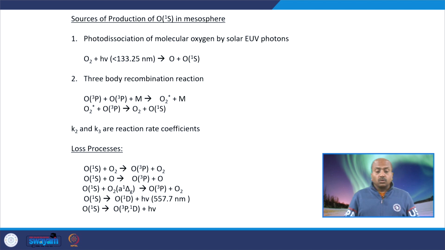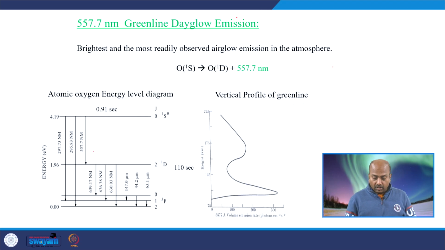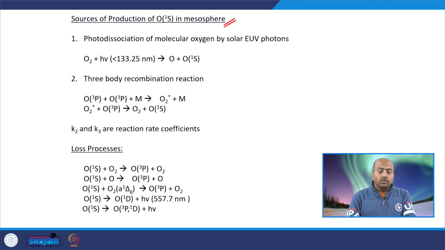So, the sources of production of oxygen in the singlet S state in the mesosphere, which I am referring to at this peak. Okay. The primary source of production is the photodissociation of molecular oxygen by solar extreme ultraviolet radiation photons, which is basically 10 to 100 nanometers. So, sources of production, what do I mean? These reactions will make sure that oxygen is populated into this singlet S state.